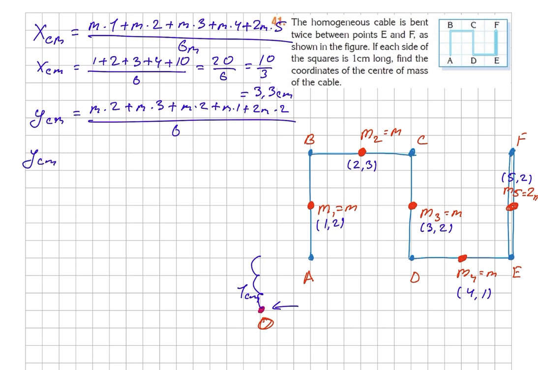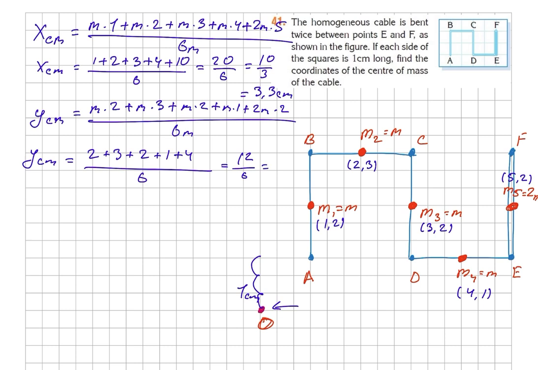So YCM will be equal to, I forgot to write m here. Here. So it will be equal to 2 plus 3 plus 2 plus 1 plus 4 over 6, which will be equal to 12 over 6.